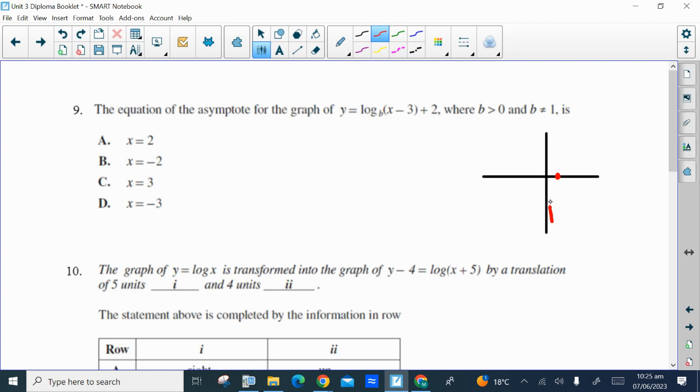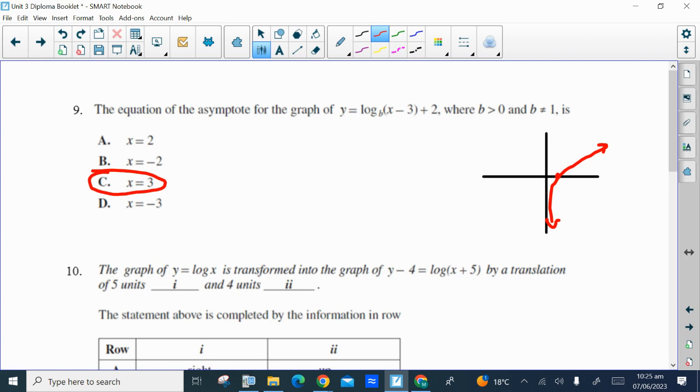This is the graph of log base b of x. We saw that changing b will just change how steep the graph is. Is it flatter or is it higher? Okay. Now this graph will be transformed. It'll go 3 to the right and 2 up. The 3 to the right will change that vertical asymptote. Instead of being the line x equals 0, it'll be the line x equals 3.